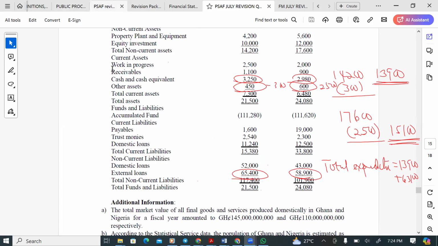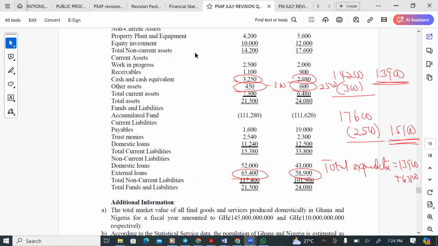Is it that the equity investment is added to the capital expenditure? Yes, the equity investment will be added to it, but the loan advances are not part of capital expenditure. It's not a long-term expenditure.